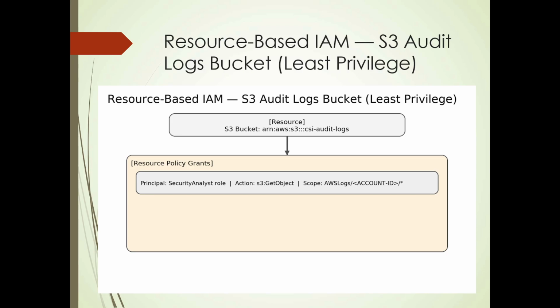Now we're going to go over the S3 audit logs bucket and talk about the resource policy grants. This is meant to be used by the security analyst role, because they're going to be able to get the object, and as a scope, they're going to be able to get the logs and the account. So they're going to be able to get the logs from certain accounts or any type of account they want.